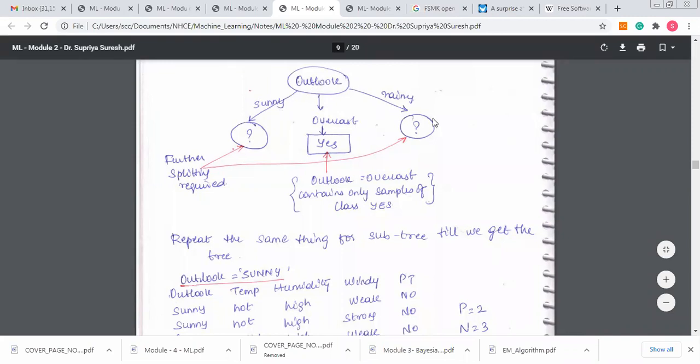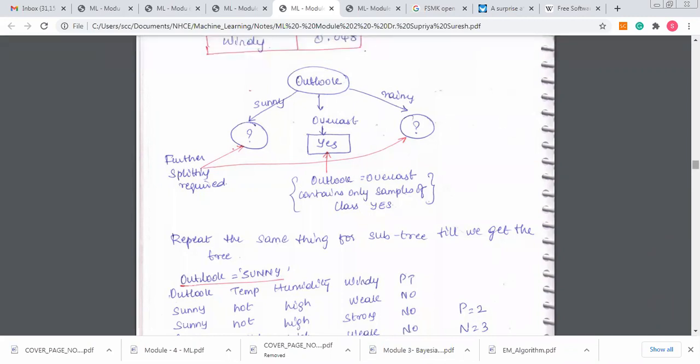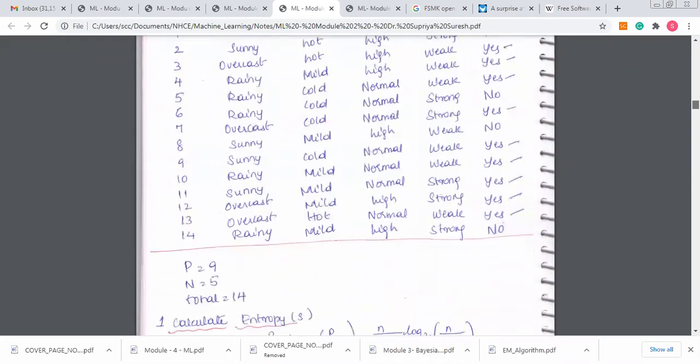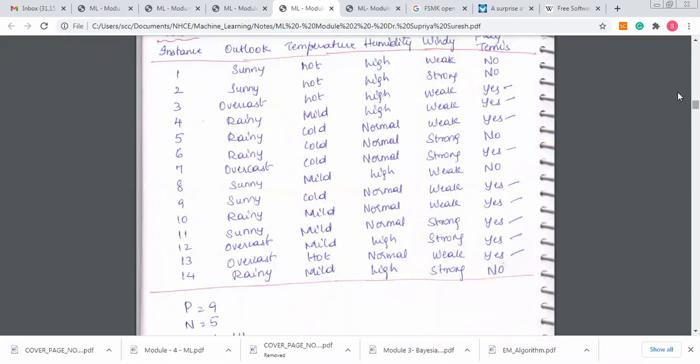We are creating two separate tables now. The separate tables are constructed by using our main table. I'm going to create a new table with respect to outlook, with only the sunny values.